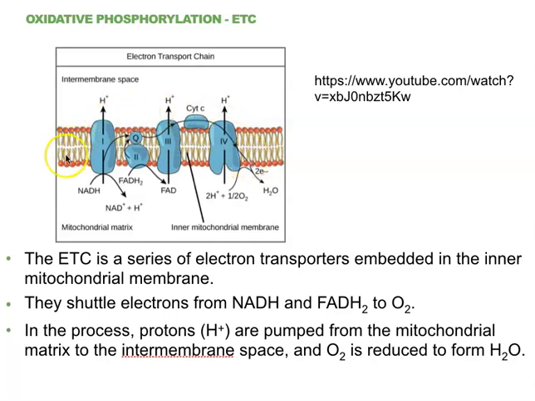Now, what's actually happening here is hydrogen protons are going to increase their concentration on one side here. This is the inner mitochondrial membrane, the intermembrane space, the mitochondrial matrix. What's happened is you're now going to end up creating an ability to harness the energy inside this space.